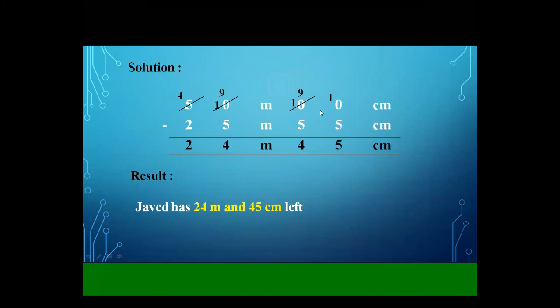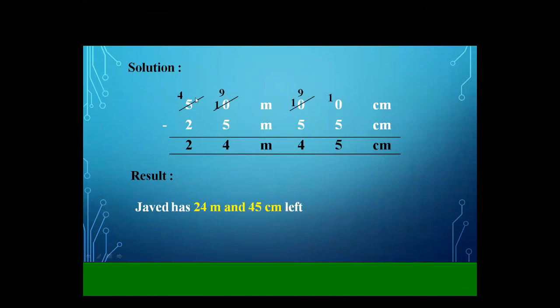50 meter, and for balancing this question, you put 0 here at the place of centimeter. 0, 0. 25 meter and 55 centimeter. You know that 0 is smaller than 5, so you take borrow from here, but here is also 0, here is also 0, so you need to take borrow from this digit.